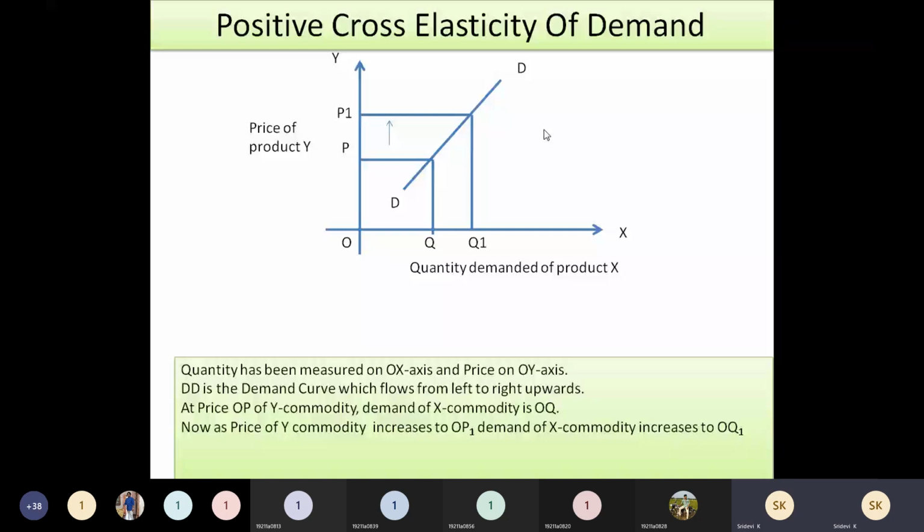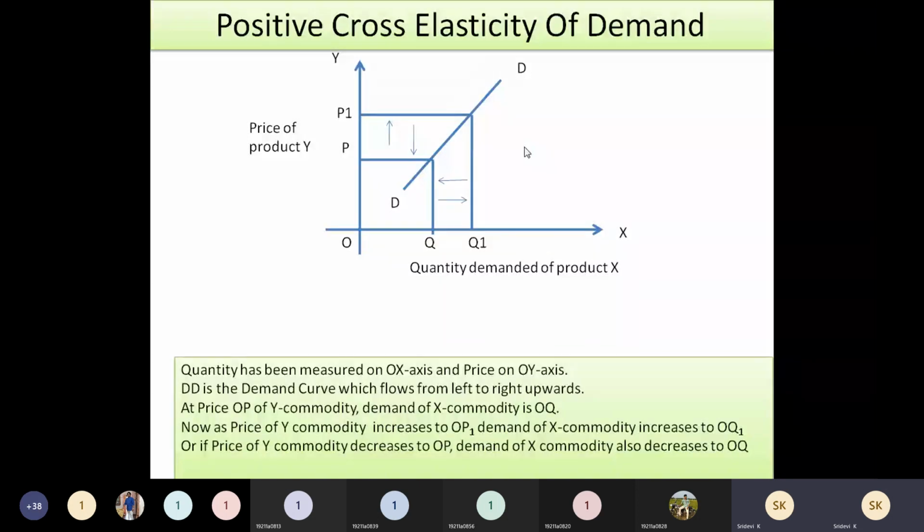And price of Y commodity is decreasing from P1 to P, so demand also decreases from Q1 to Q. So this is what you have to explain. And write the positive cross elasticity.